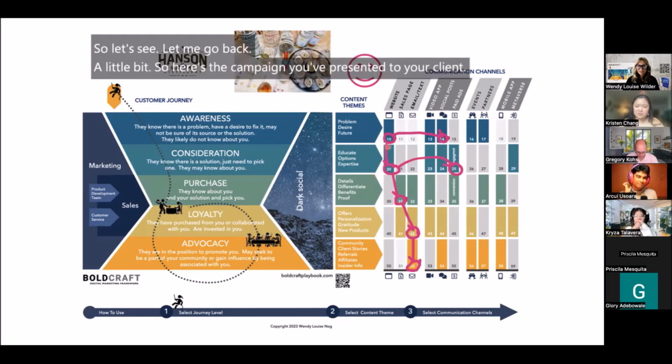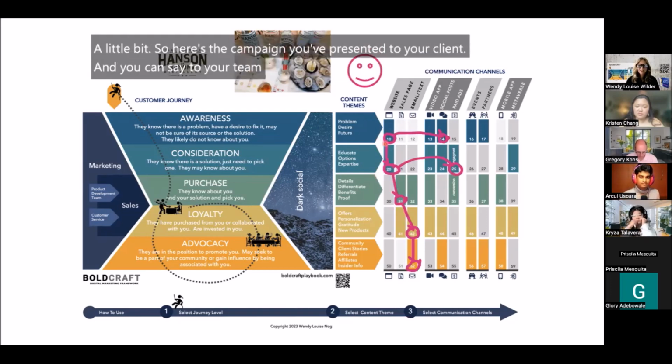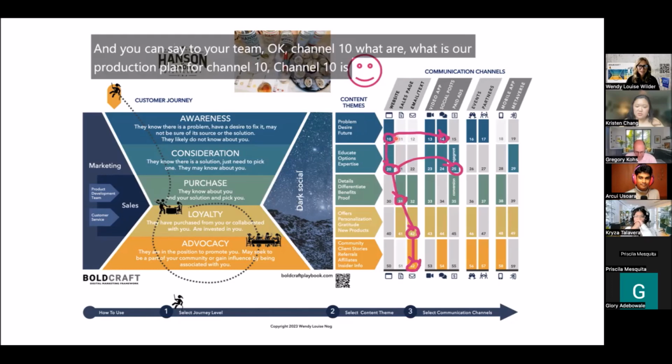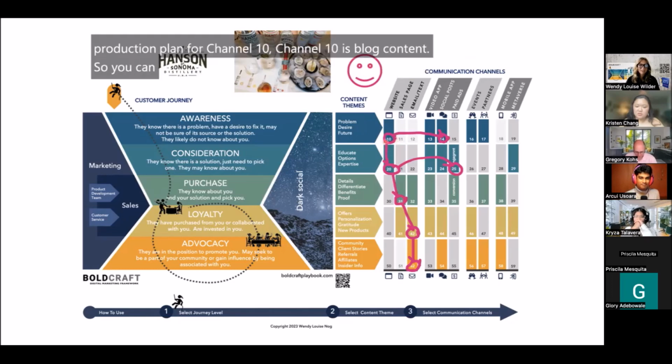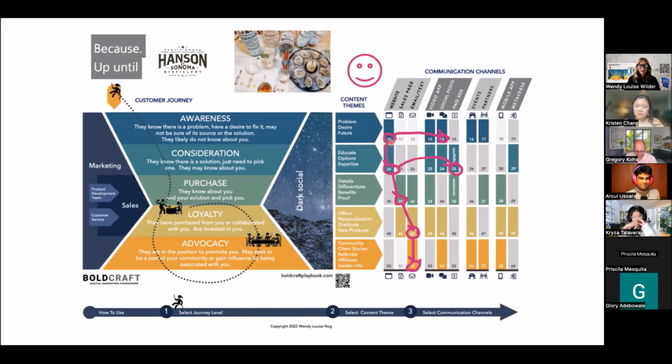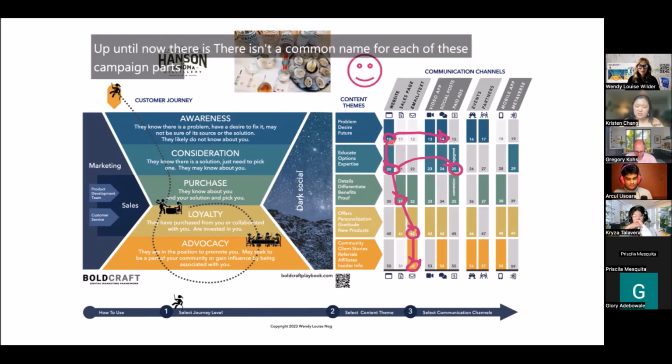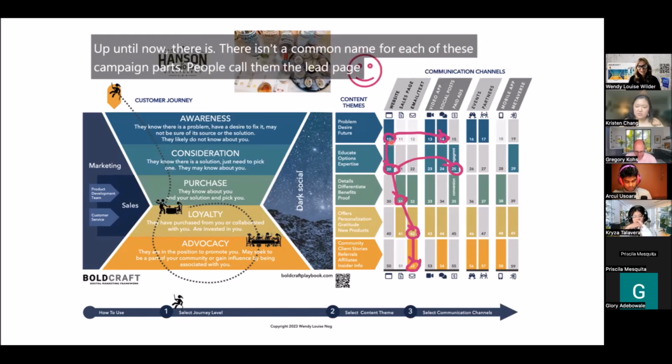And you can say to your team, okay, channel 10, what is our production plan for channel 10? Channel 10 is blog content. So you can use this numbering system in your documentation. Because up until now, there isn't a common name for each of these campaign parts. People call them the lead page for da da da da da.